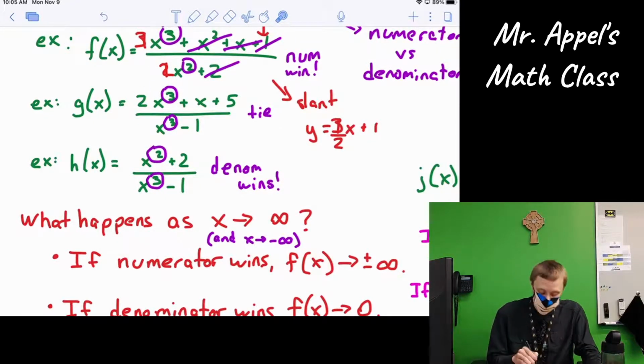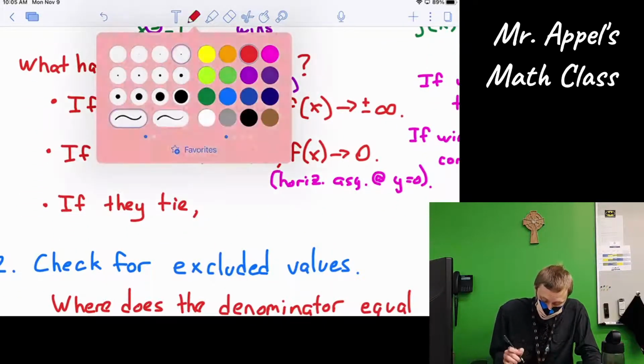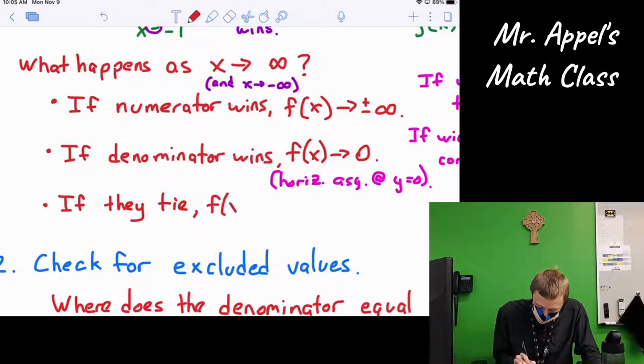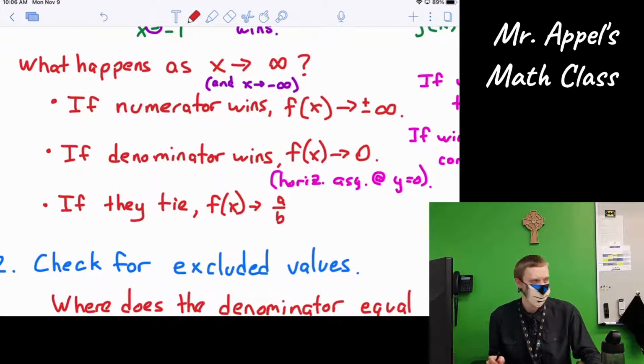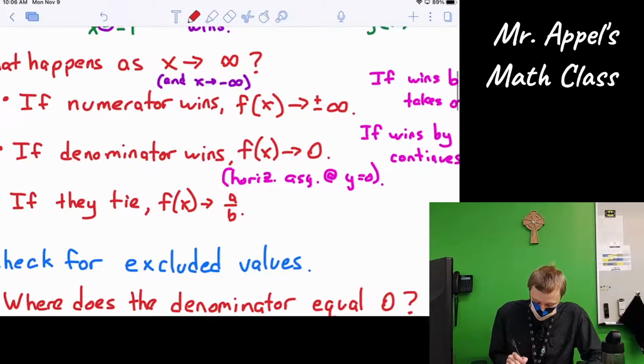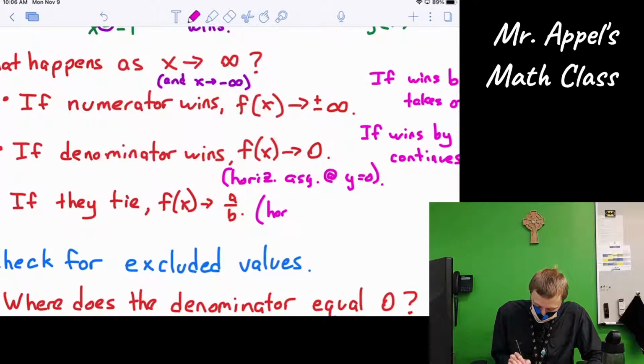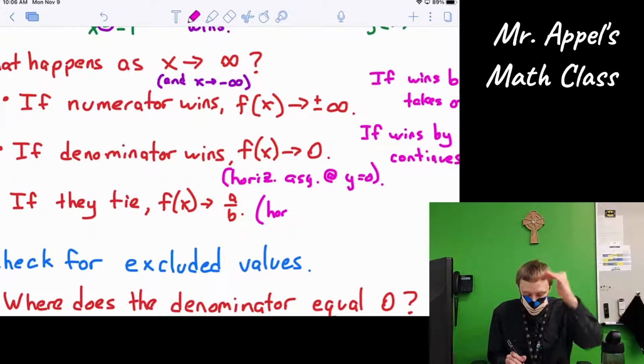So once again, it's the ratio of the lead coefficients, except this time composing a horizontal asymptote. So our function approaches, I'll just call it A over B, some ratio of the lead coefficients in your numerator versus denominator.